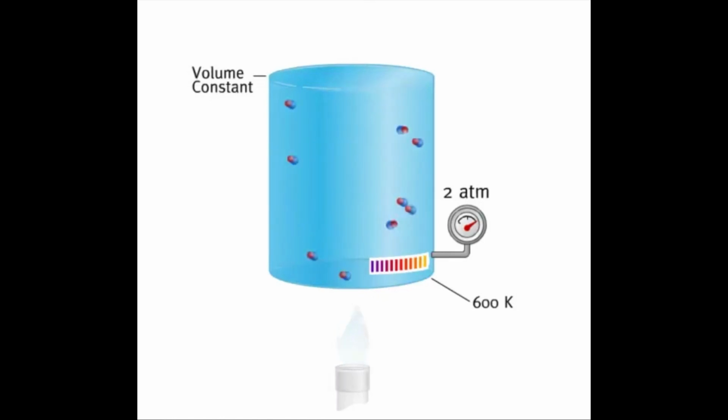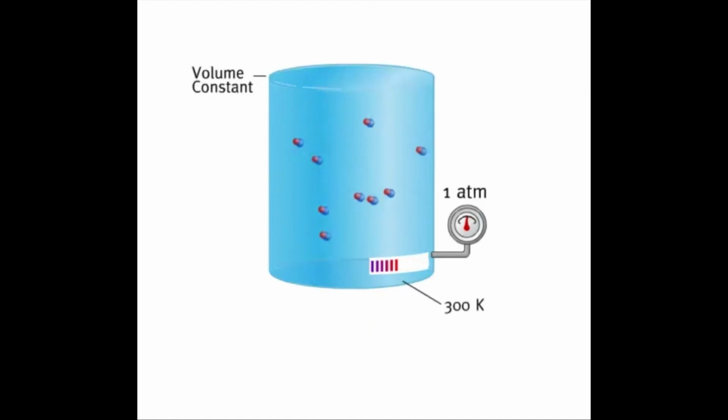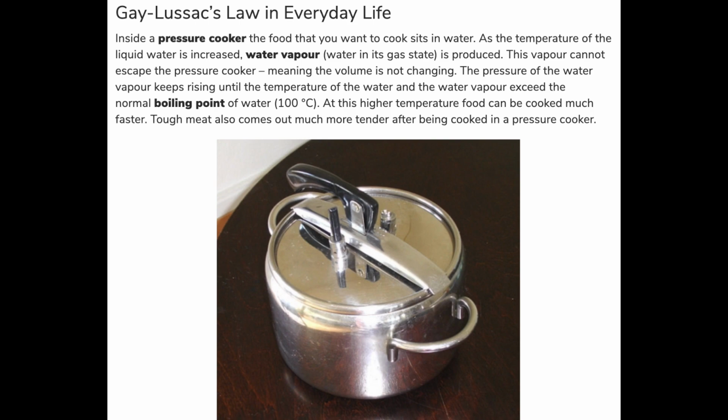The molecules will move more slowly and the pressure will decrease. Gay-Lussac's law happens in everyday life. You can think about a pressure cooker. Basically, it helps you to cook food at a higher temperature because you keep a constant volume.